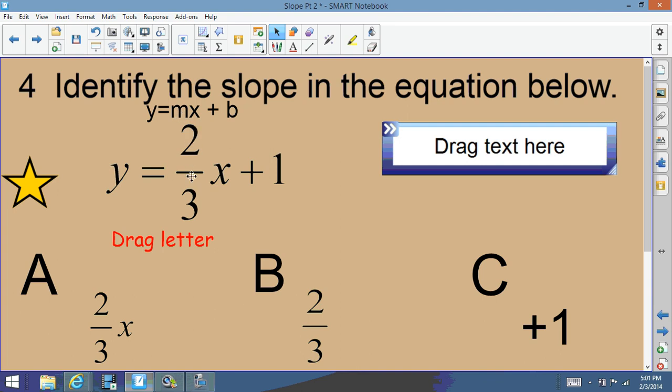It's a fraction, and that would be the slope. X is a coordinate. It goes with the y. B is the y-intercept. So if you said letter A, you're wrong. 2/3 is right, but we don't include the x. So be careful with that. We just need the 2/3 to be the slope. So remember, the slope is just the coefficient of x.